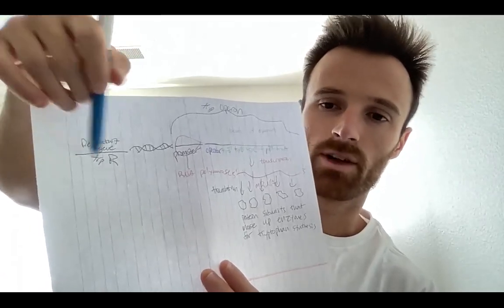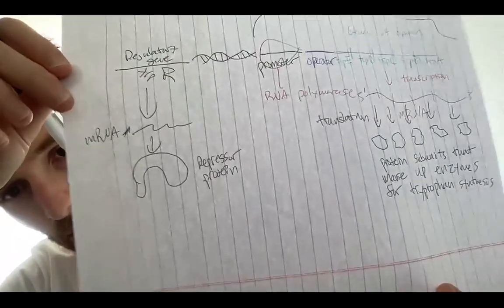RNA polymerase will transcribe it. To simplify, it'll make an mRNA strand, which encodes for this repressor protein, which I'm going to make look like, it's a terrible drawing, but kind of this U-shaped thing. Repressor protein.